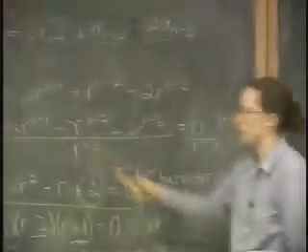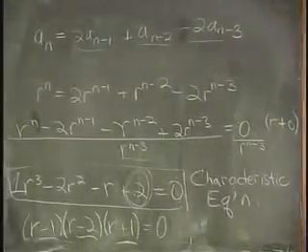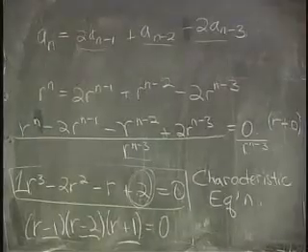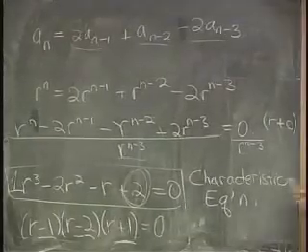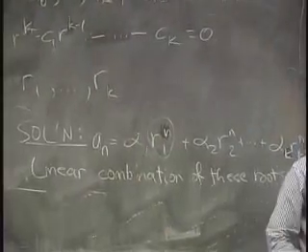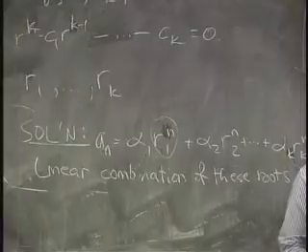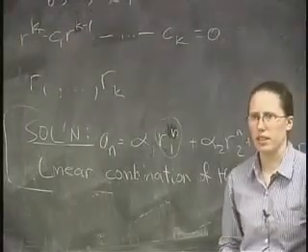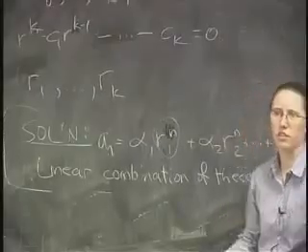Here I divided by r to the n minus 3. That would have given me a solution r equals 0, and I'm assuming that doesn't happen, because if we have r equals 0, it's not contributing anything at all to our final solution, and it most likely would not be consistent with the boundary conditions.